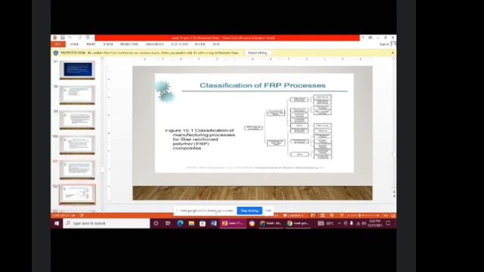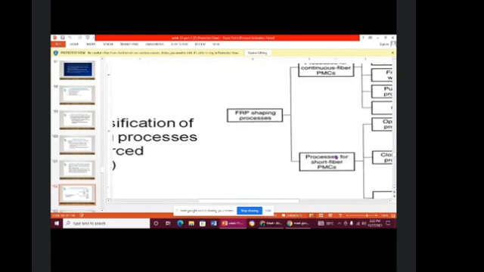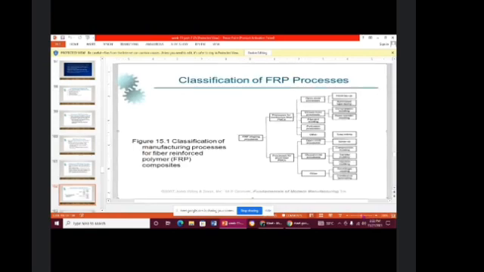This is the diagram of the classification of FRP processes, and the shaping processes for short fiber PMCs.